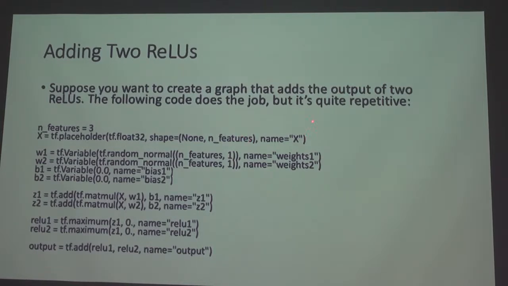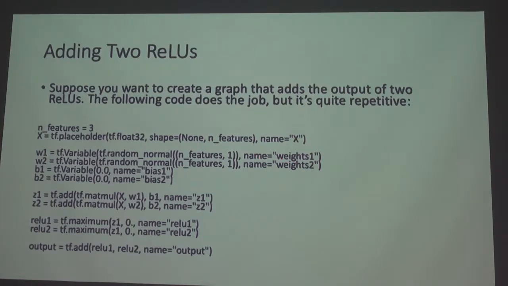This represents X. W1 basically, we just assign a random value, random normal, for the weight of each feature.